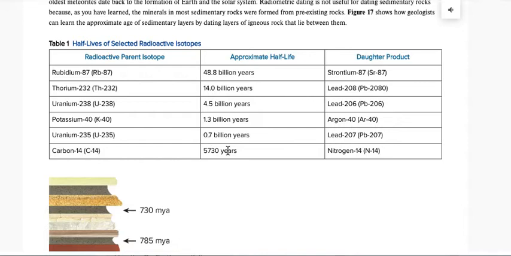Well, 5,000 years sounds like a long time, but compared to rock age and the dinosaurs and everything else, it's not that long. So for things that are very old, scientists tend to use these. Things that are very young, maybe 15 to 20,000 years old, scientists would use carbon to date it.